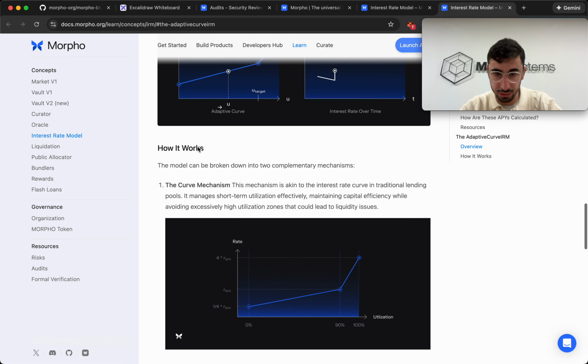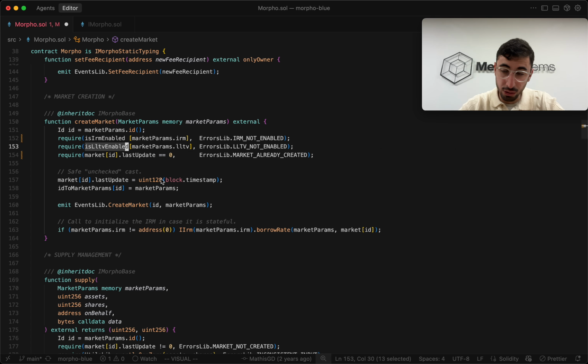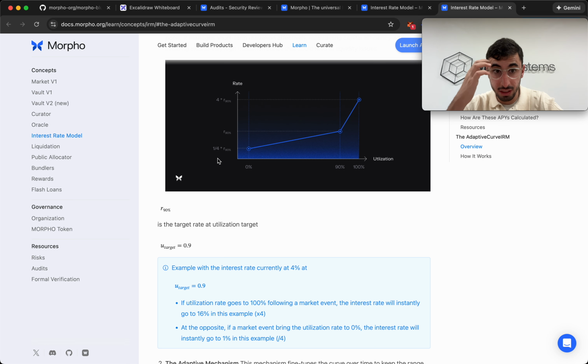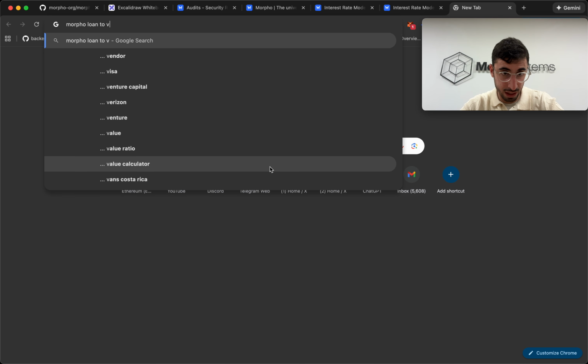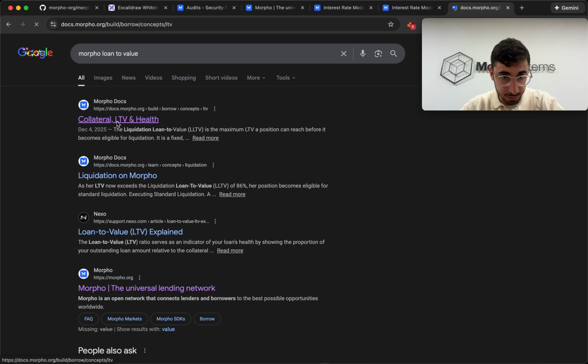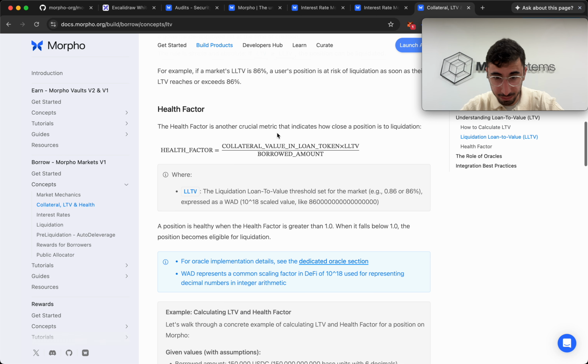And they go into a lot of detail and describe that. The other one is the loan to value ratio also needs to be enabled by governance. So if we look at Morpho loan to value, I also already looked at this.